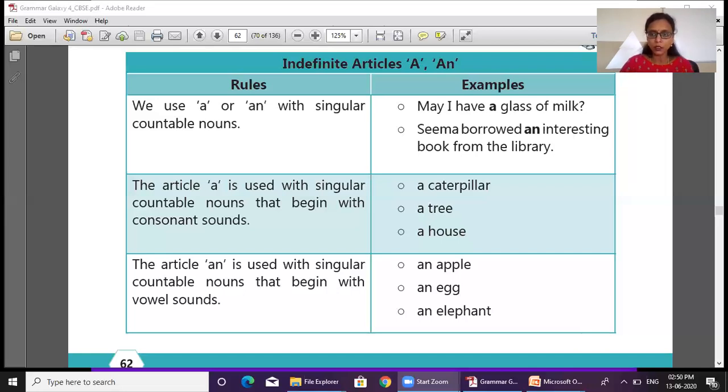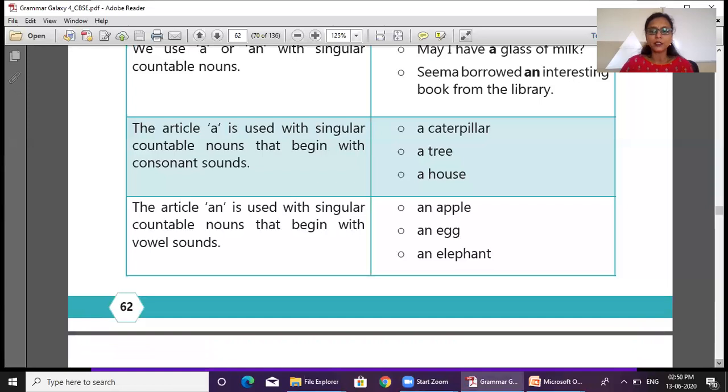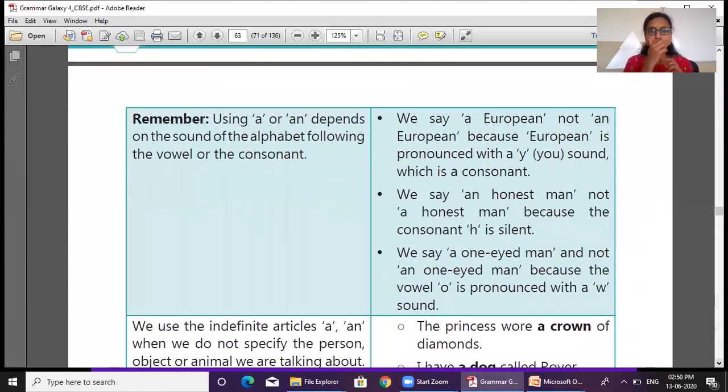Let's move further. You have to remember one thing, children. As I stressed, the words begin with consonant sounds or vowel sounds. Look at these examples. We say a European.